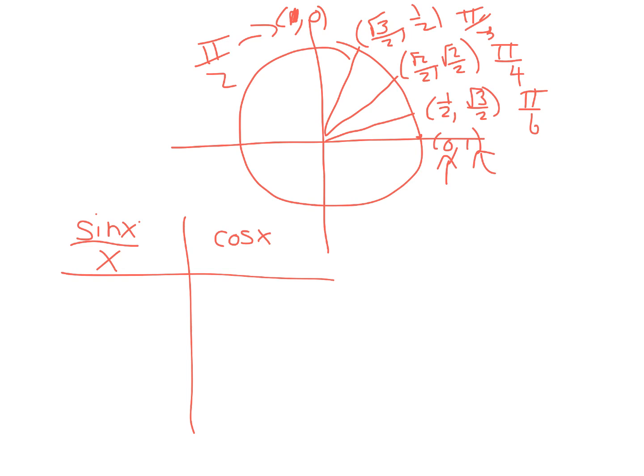So sine x over x, if I start at 0, is undefined there, right? And cos of x is just 1 there.